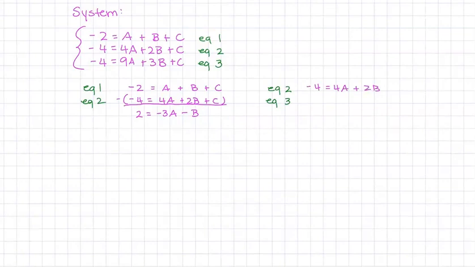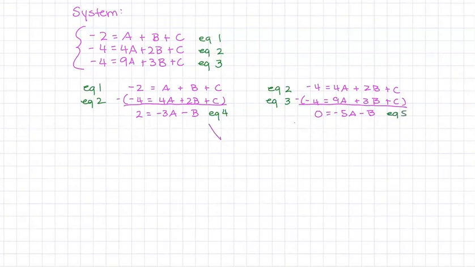So there's equation 2, equation 3. We're going to subtract the two equations. We're going to get 0 on the left, negative 5a minus b on the right. So I'm going to call that one equation 4 and this one equation 5.